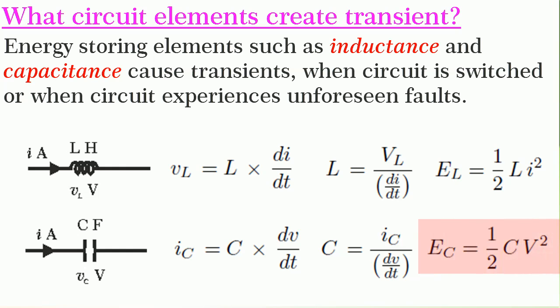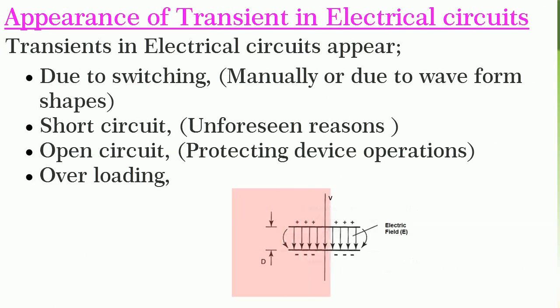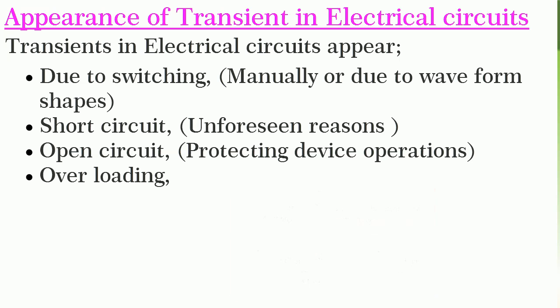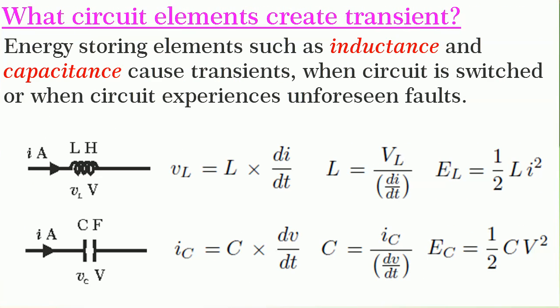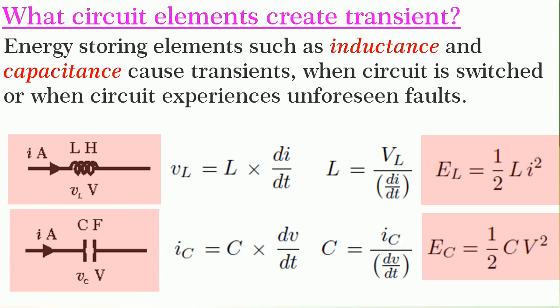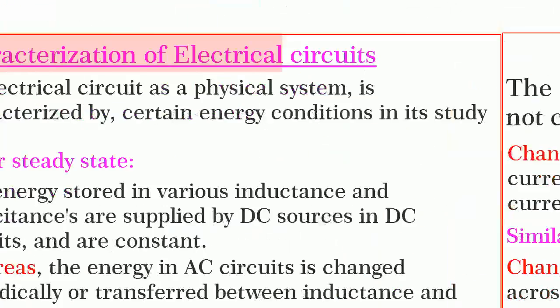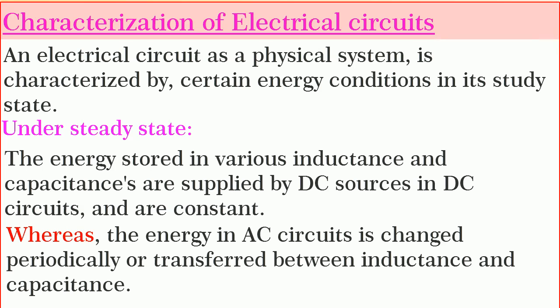This energy is stored in the form of electrostatic field in the capacitance element. So friends, it is interesting to note that these energy storing elements, inductance and capacitance, are responsible for the characterization of the entire electrical network.